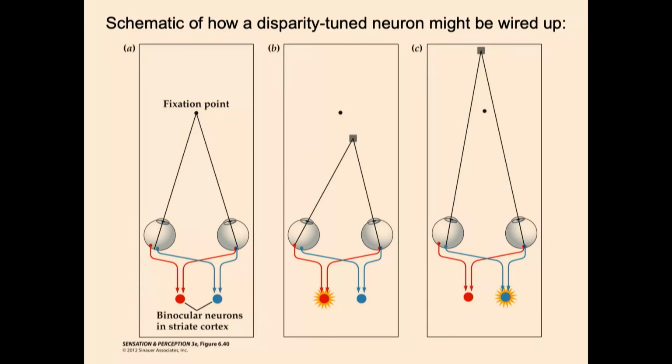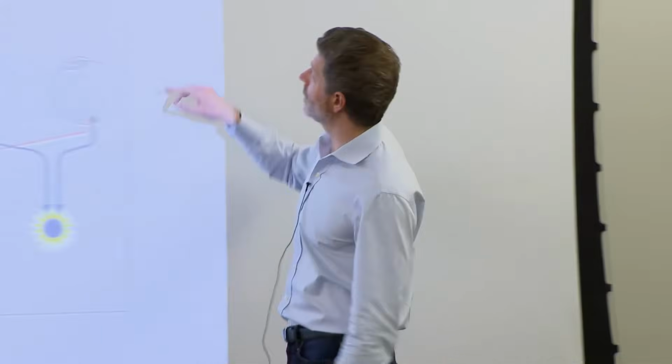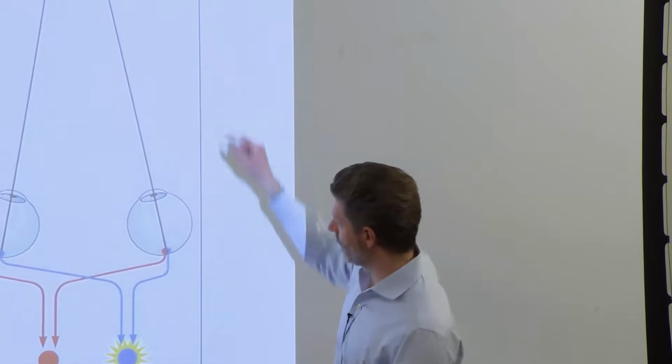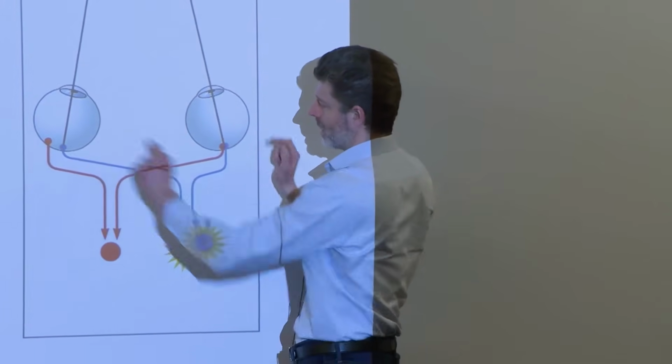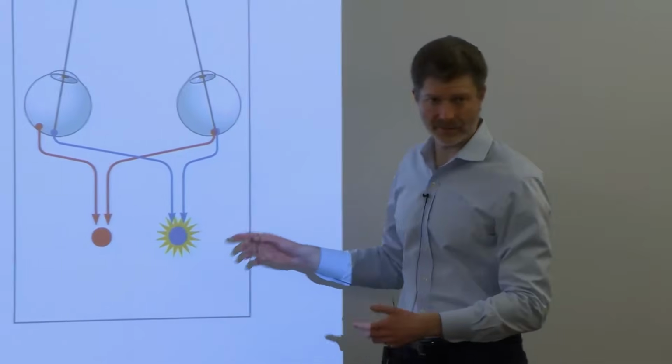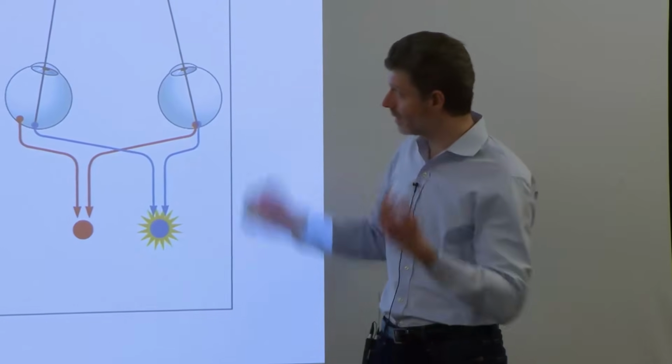The idea is just that you would have neurons that have receptive fields in different locations in the 2 eyes and that get wired together. Okay? And when you have a thing in the world that happens to project to the right combination of points in the 2 eyes, and those converge on some downstream neuron that's disparity selective, then you get a response.